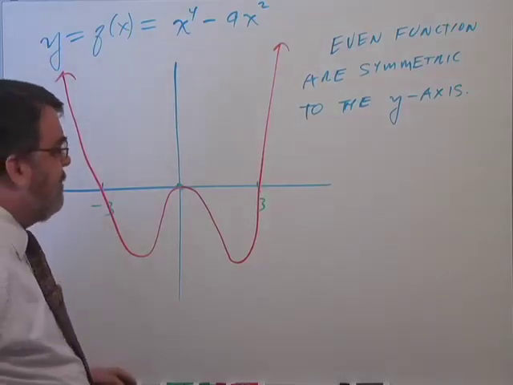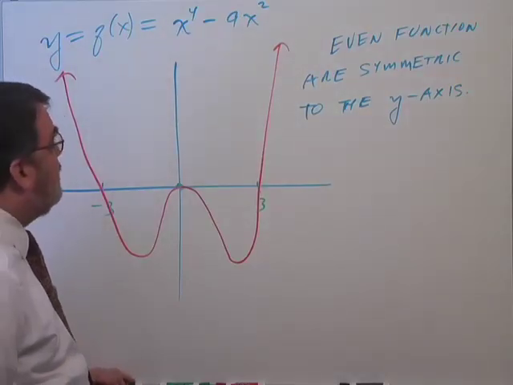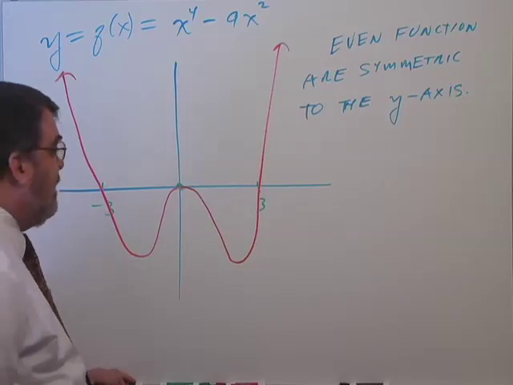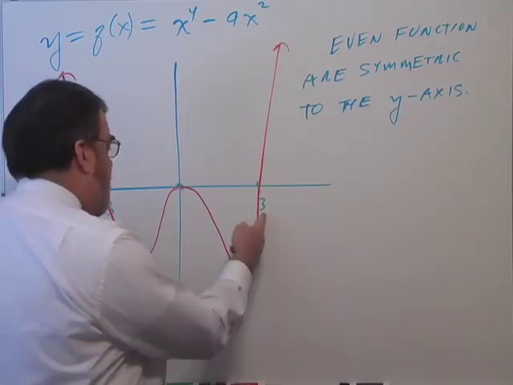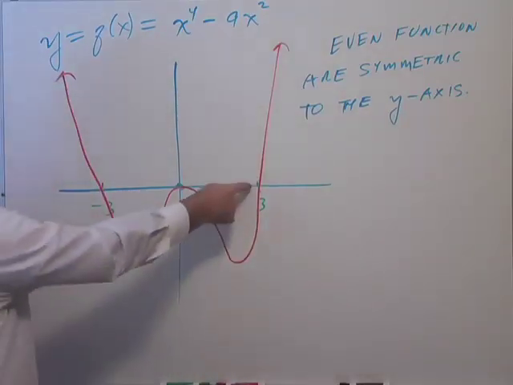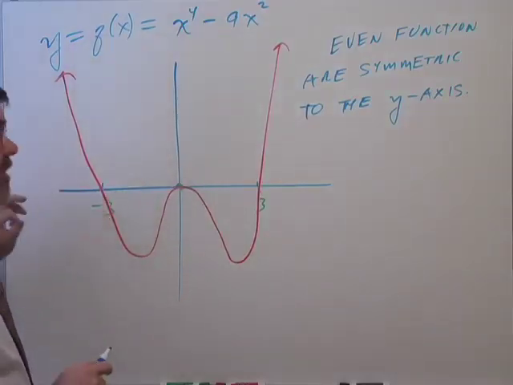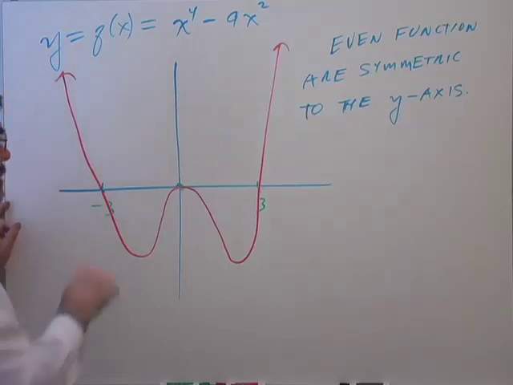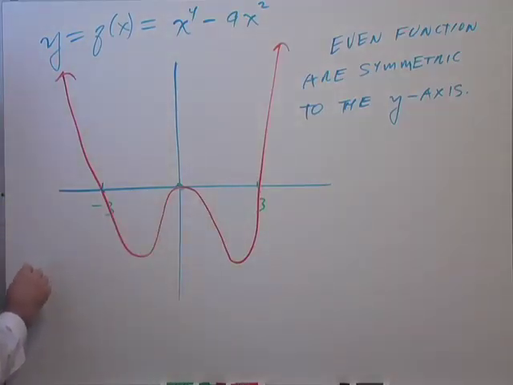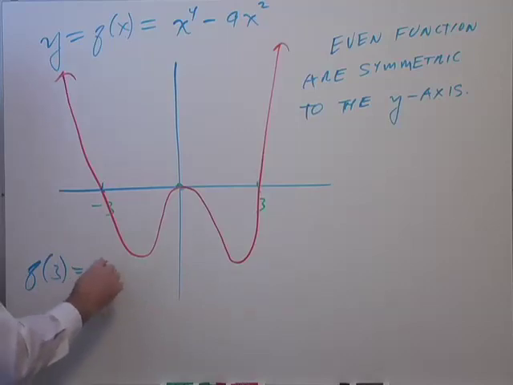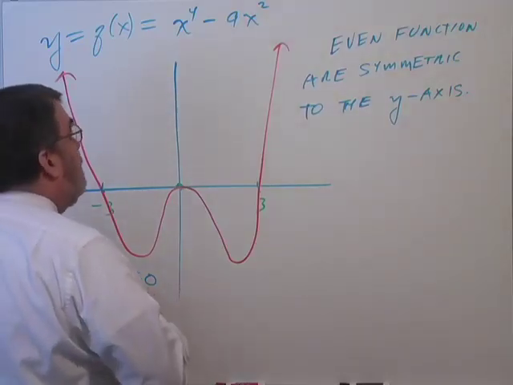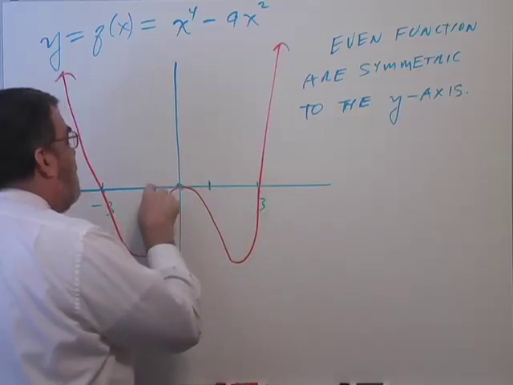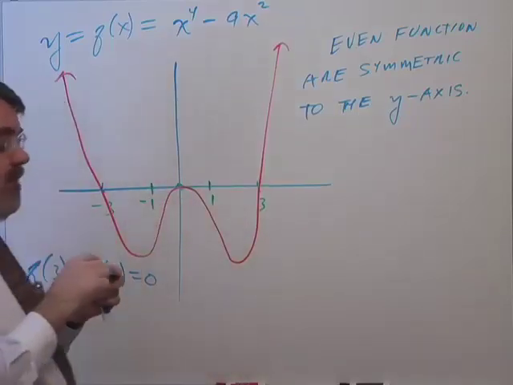Now I want you to follow me on this, on how we can analyze this algebraically without looking at the graph. It comes from looking at some features here. For one thing, notice that f of 3 and f of -3 both give me 0 for y. They both land on the x-axis. So f of 3 and f of -3 both equal 0. Let's look at some other points. How about f at 1 and -1?